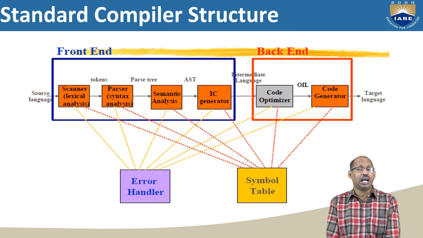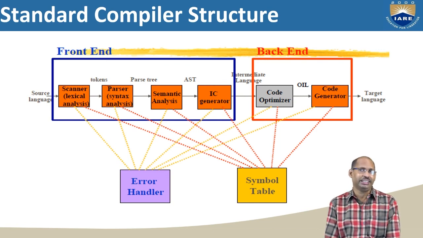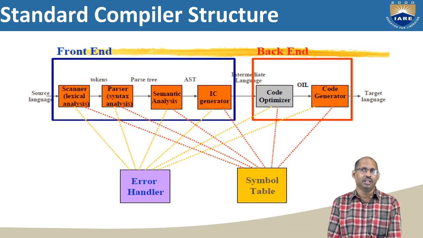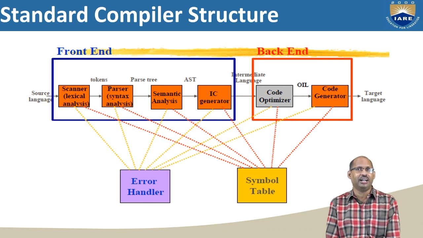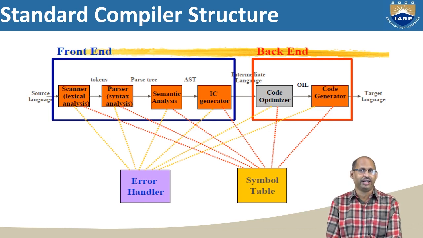So here the output of the front end, the output of the intermediate code generator, is an intermediate representation, which is independent of the front end and back end.